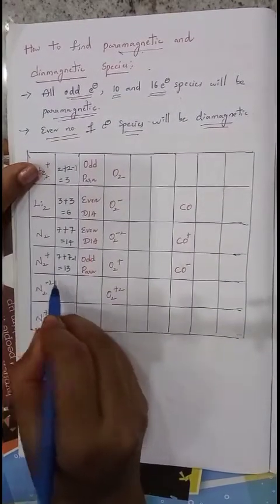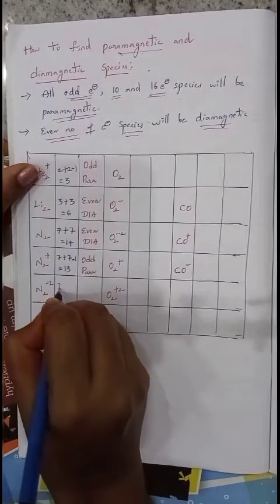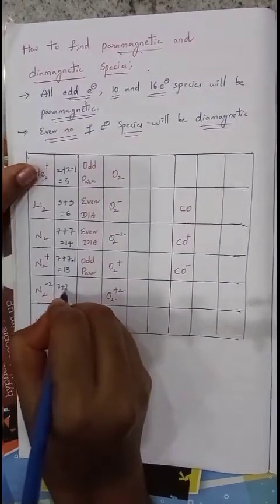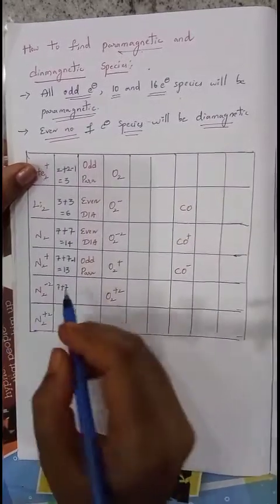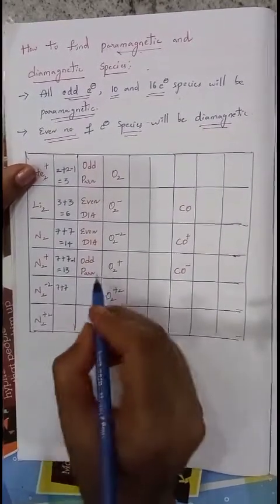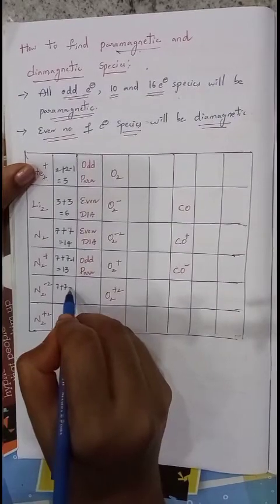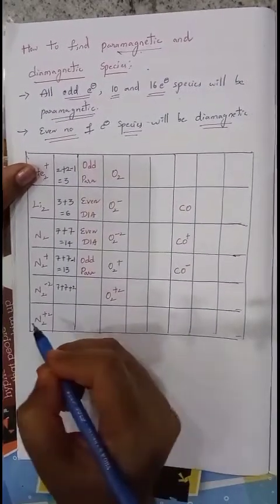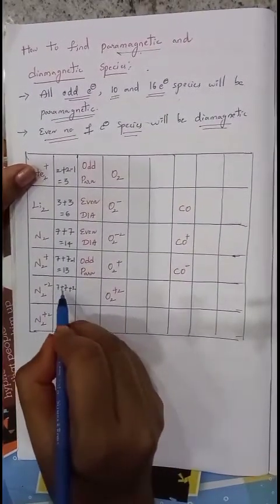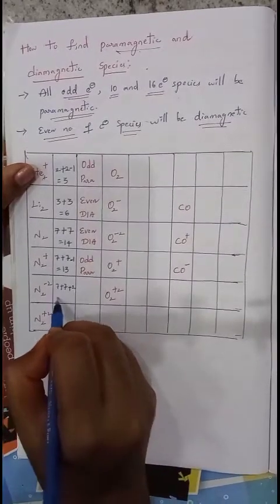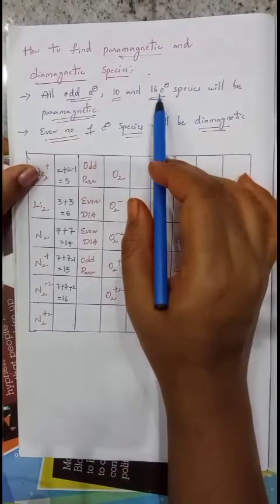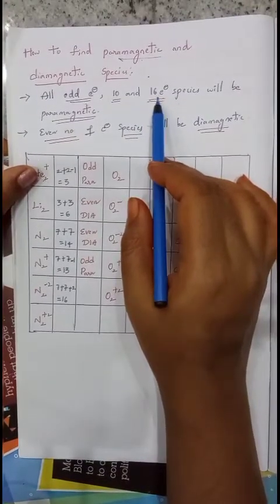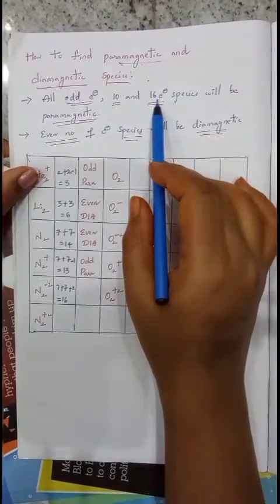Next, N2 minus 2. Each nitrogen has 7 plus 7 electrons. Minus in the sense they have extra electrons. How many extra electrons are there? 2 extra electrons, then add 2. 7 plus 7, 14. 14 plus 2 is 16 electrons. Here you have to see the rule. If there are 16 electrons, though it is an even number, there is an exceptional case.